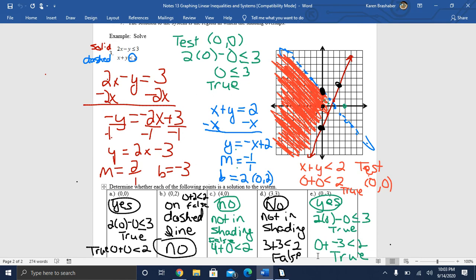It has to make both inequalities true in order for the ordered pair to be a solution. So these are your examples for graphing inequalities and systems of inequalities. You'll be using Math Excel to do your graphing and shading, and I'm going to post a video on what that will look like for your shading.